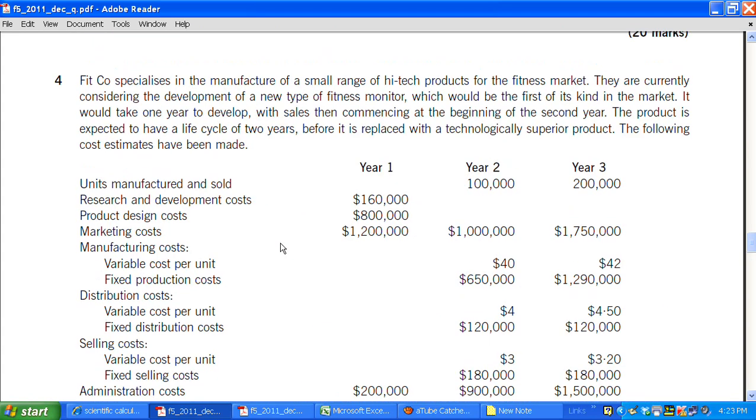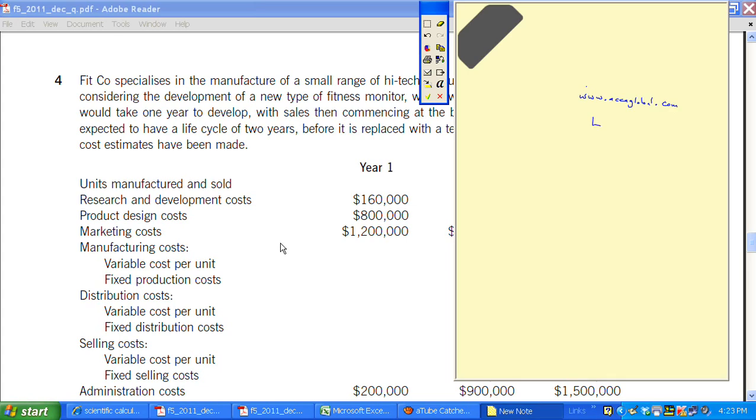Question 4 is about life cycle costing. So read through it, and then get back to the video tutorial.